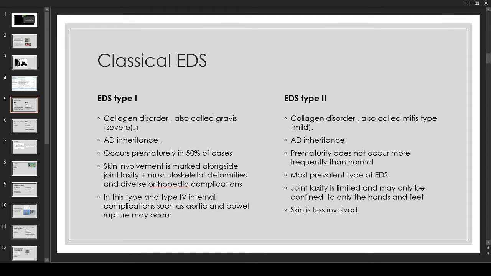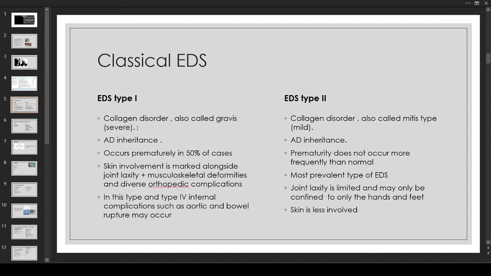Type 1 is a collagen disorder, which is also called gravis, or severe, and it is estimated to occur in 1 in 20,000, and prematurity occurs in about 50% of the cases. In this type and type 4, which we're going to get into later on, internal complications may happen, such as aortic and bowel rupture.